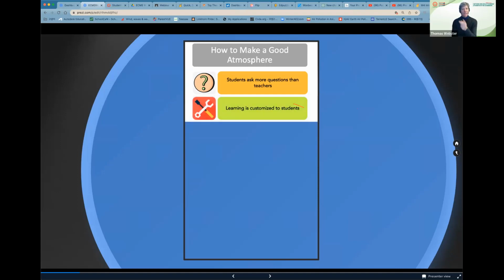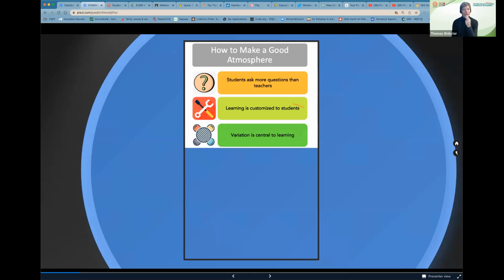And second, as many of us talked about in this series, learning should be customized to the students. That's so important to make a good atmosphere. If you make a lesson that doesn't fit students, that's the quickest way to get them to be either disruptive or disinterested. Because again, you have to find out about your students in order to do that, right?